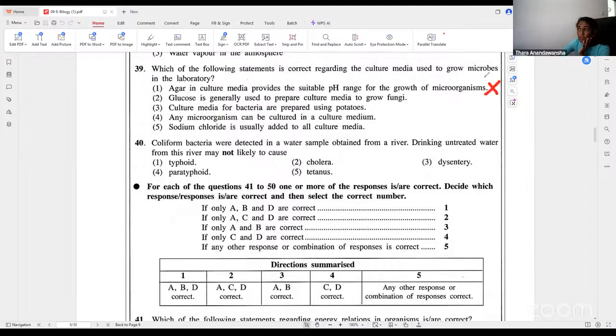Agar is used only as a solidifying agent to obtain solid culture media, so that it is wrong. You can write something near the question, get used to doing that, so that you can understand and reason why this statement is correct or wrong. So agar is not for providing suitable pH, it is to get solidified culture media.